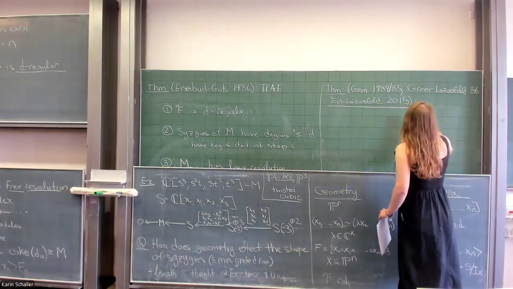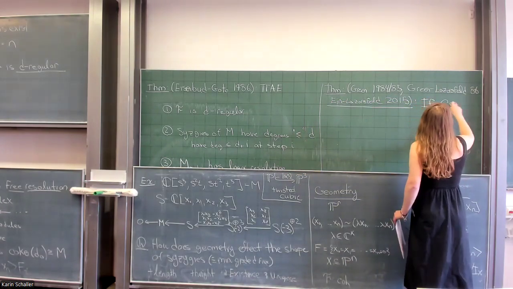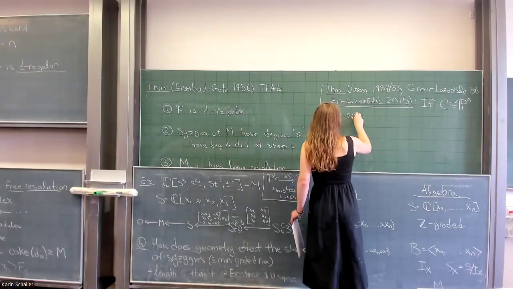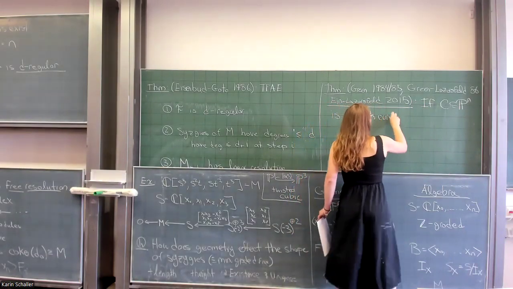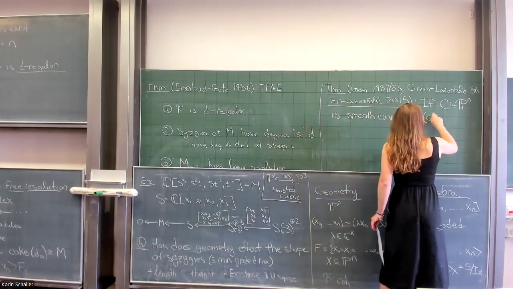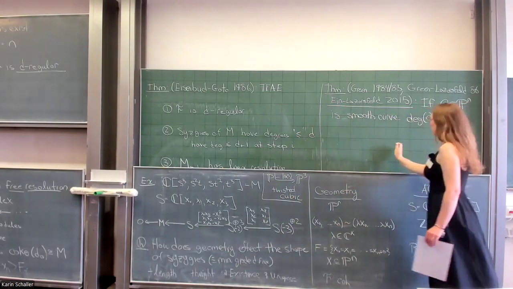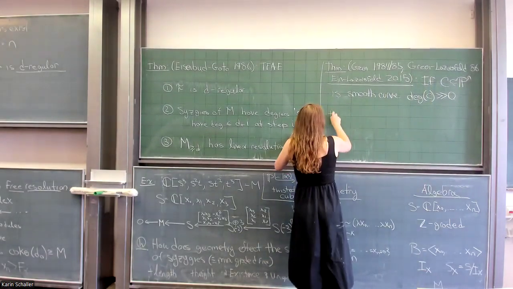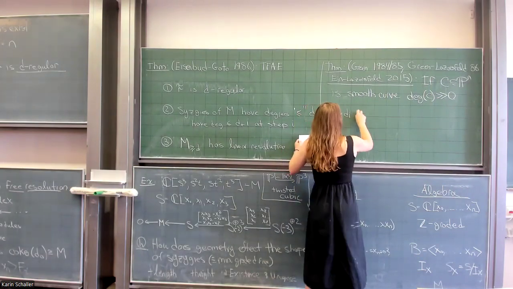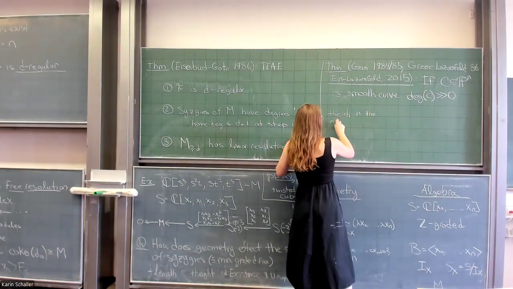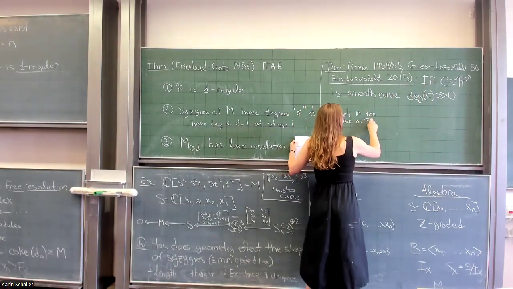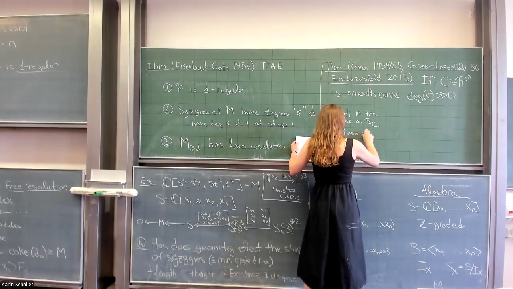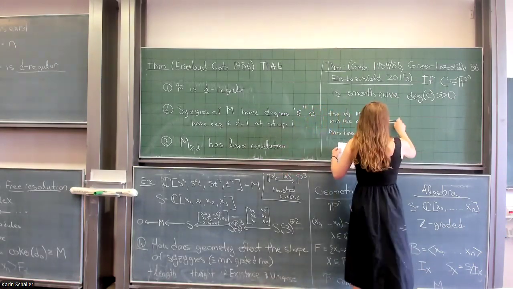So what does the theorem say? It says if C inside of P^n is a smooth curve, and the degree of C is sufficiently big, then the I-th matrix in the minimal resolution of C has linear entries if and only if.